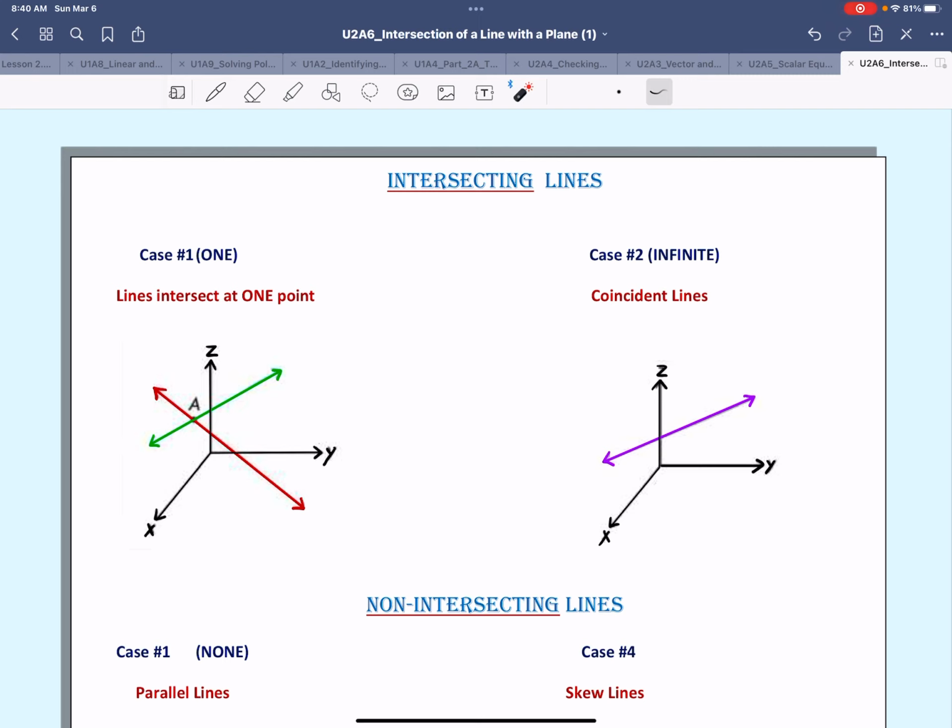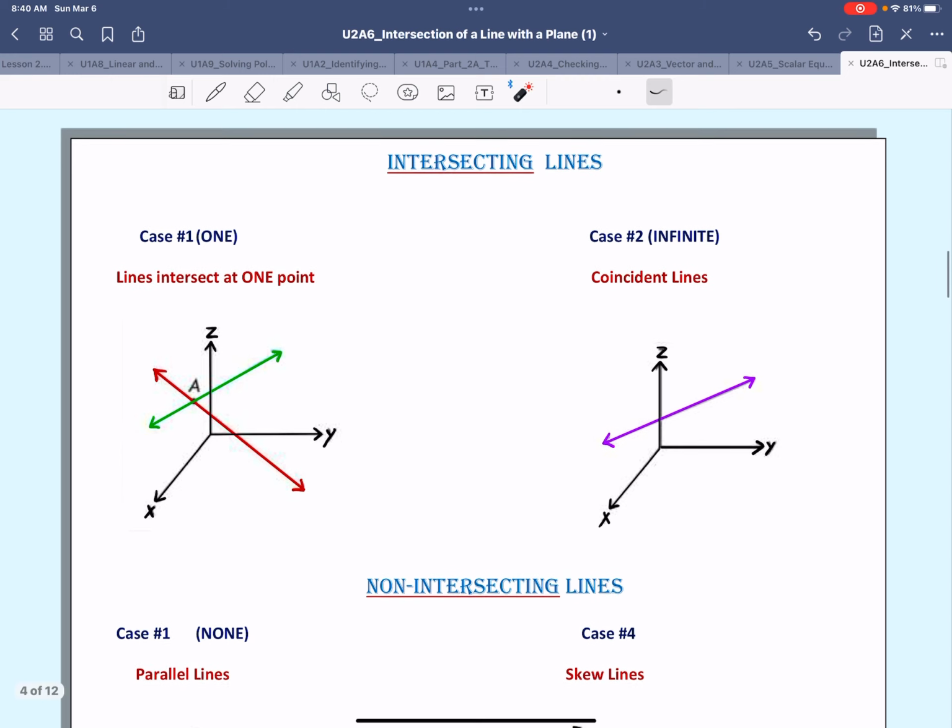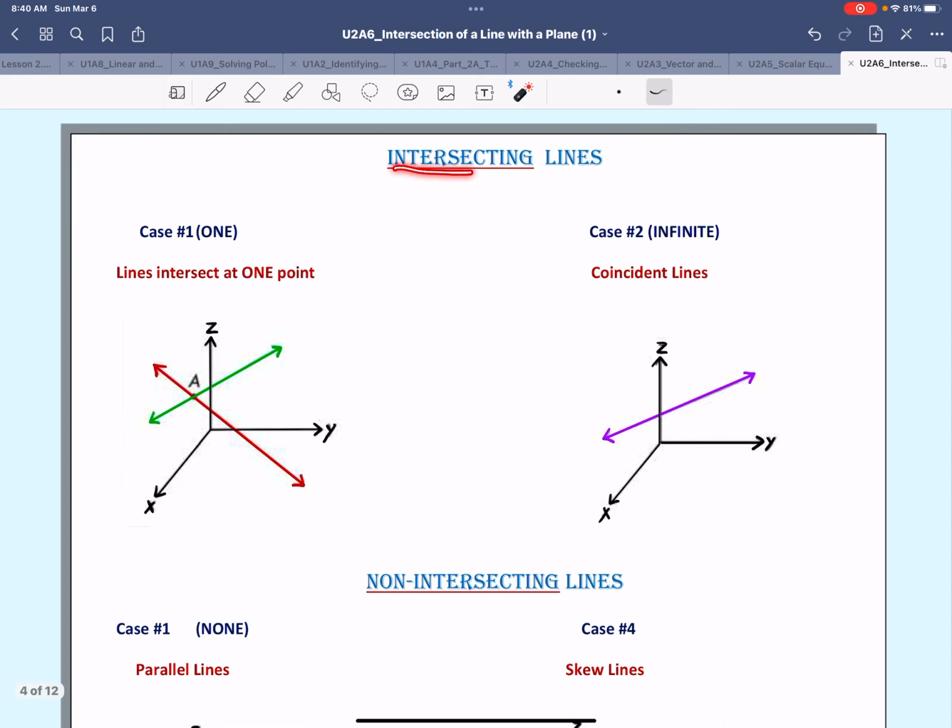And here we're going to investigate the intersecting lines in 3D. Remember that two lines may intersect each other or may not intersect at all. If two lines intersect, chances are they intersect at a single point or they intersect at every point, which means that the two lines will be coincident.